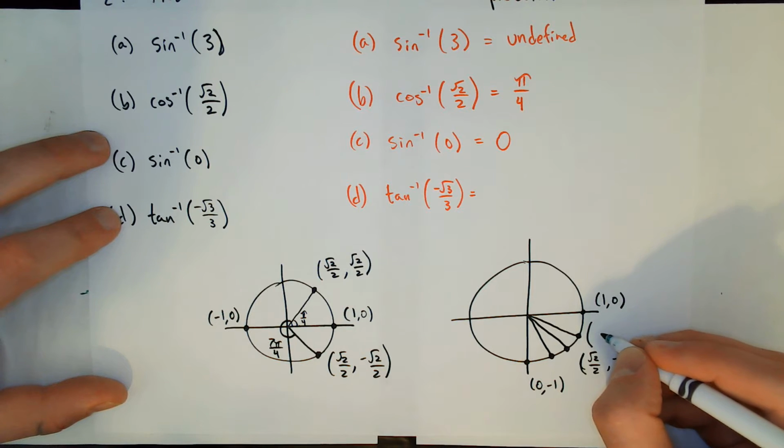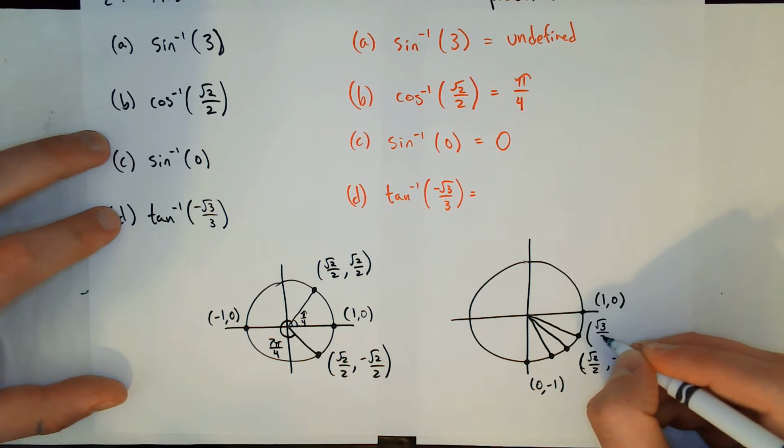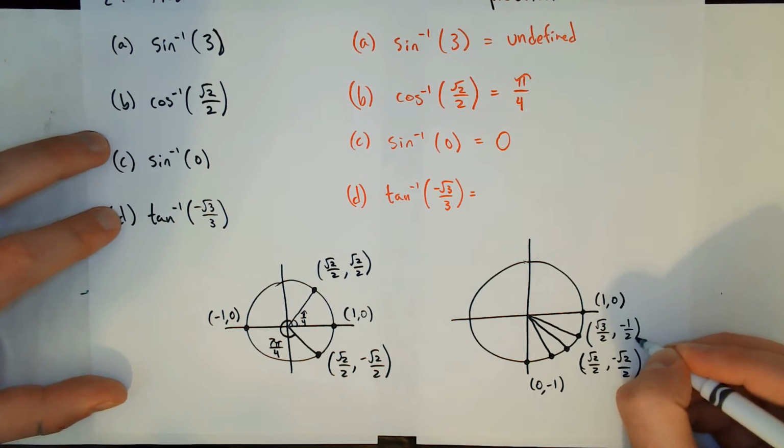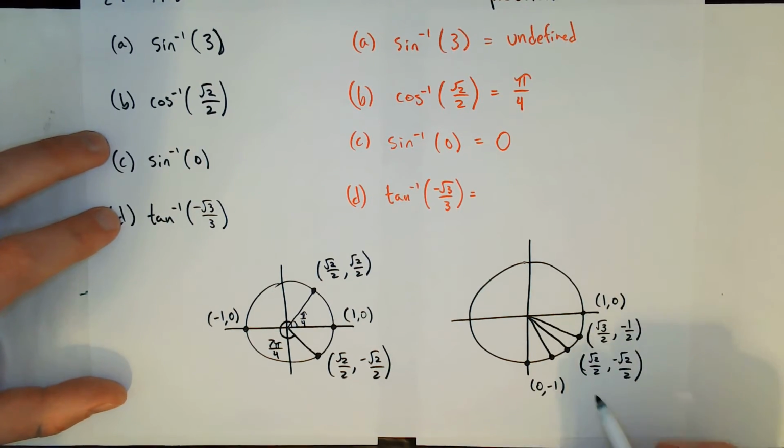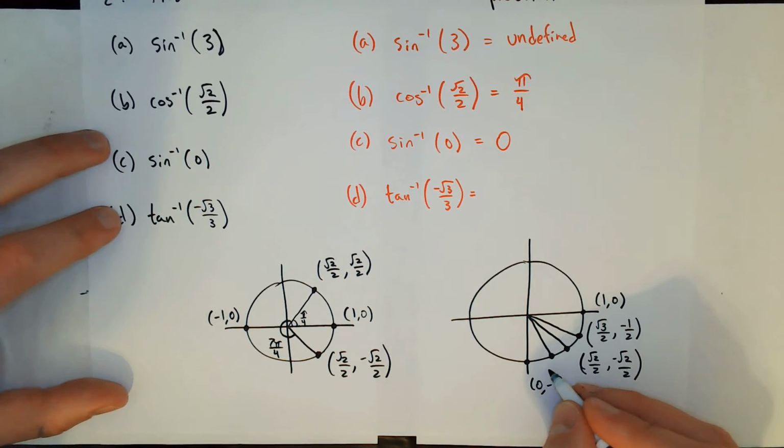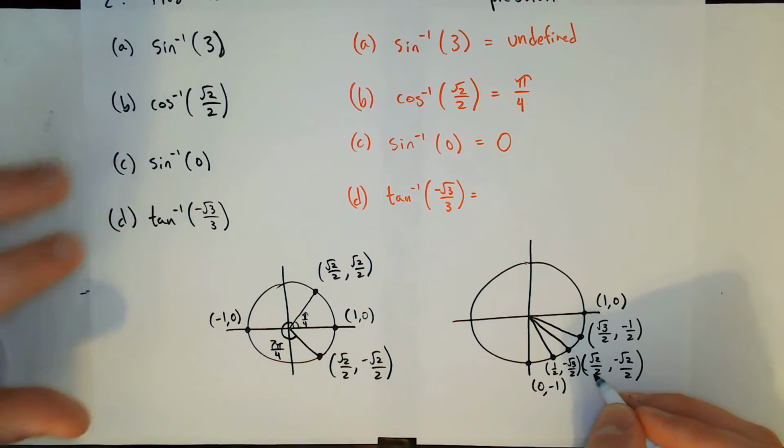Hang on, am I messing this up? No, that's right. Square root of 3 over 2, comma, negative 1/2. That's this one. And then this one, which I'm almost out of room, is going to be the opposite: 1/2, comma, negative square root of 3 over 2.